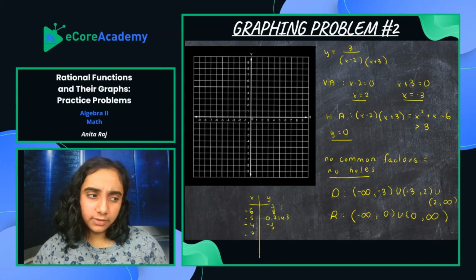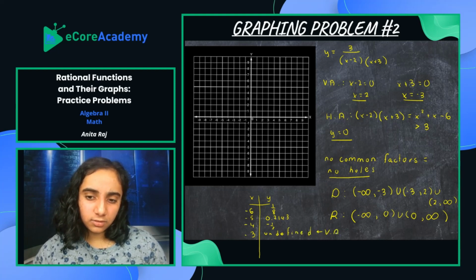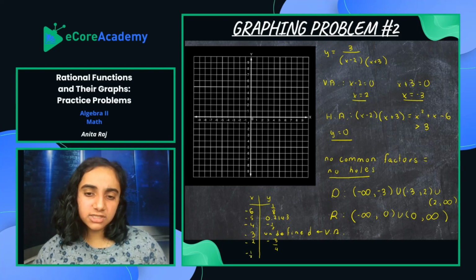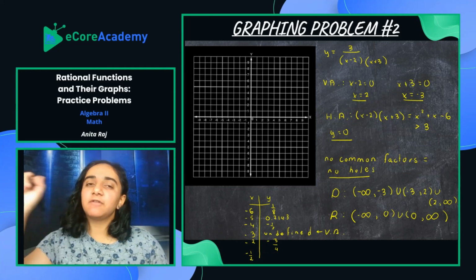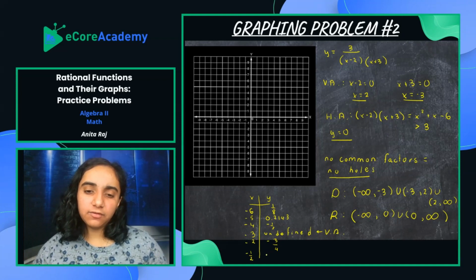At negative 3 we have our asymptote, so it's undefined, and we write that we have an asymptote here to remind ourselves. Then negative 2 is negative 3/4. I'm going to skip to negative 1/2 because of the way this graph is structured. We have 0.45 as the corresponding point.